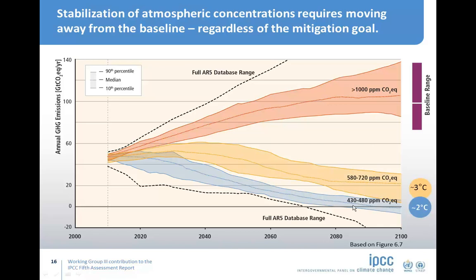So we're talking about ppm, that's parts per million, of carbon dioxide in the atmosphere. And clearly, what we're talking about is to limit global warming to 2 degrees. We need to limit the concentration levels to 430 to 480 parts per million. And our annual greenhouse gas emissions needs to drop significantly over the century.